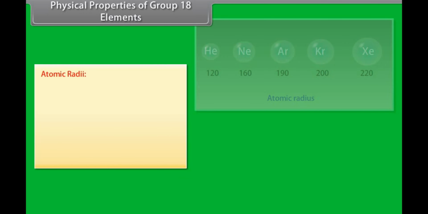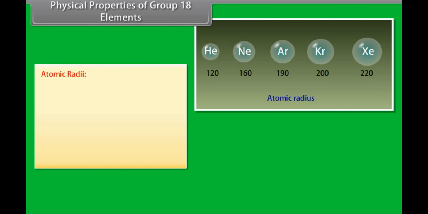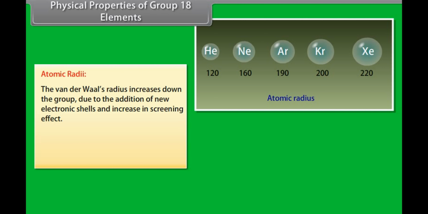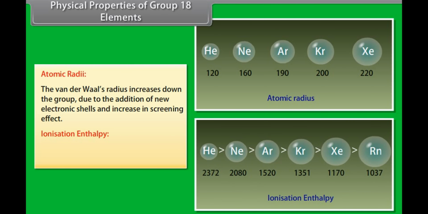Physical properties of group 18 elements. Atomic radii. In noble gases, the atomic radii correspond to van der Waals radii. As we go down the group, the van der Waals radius increases due to the addition of new electronic shells and increase in screening effect. Ionization enthalpy. The ionization enthalpies of noble gases are very high.